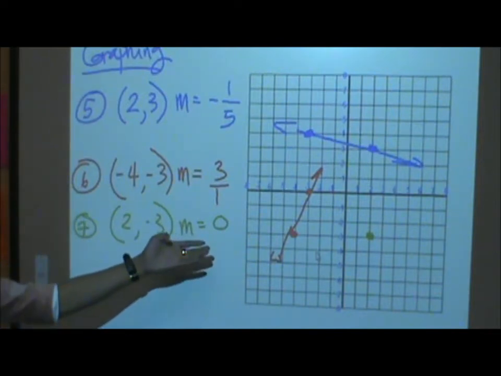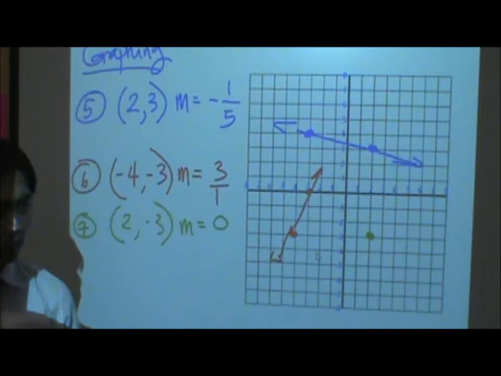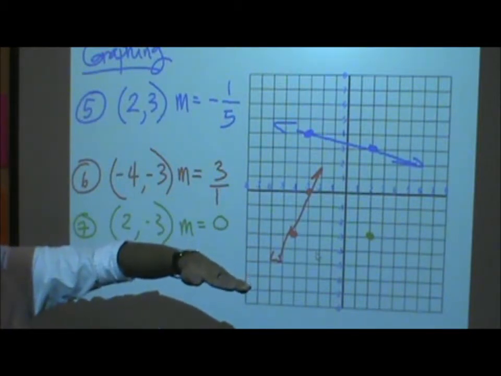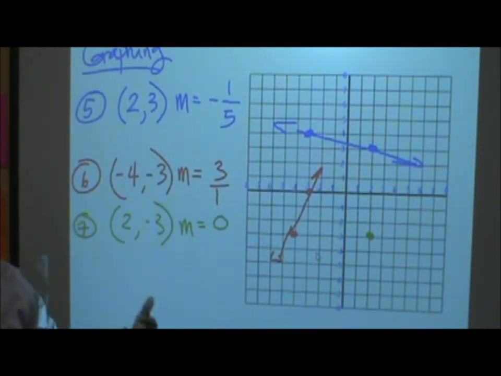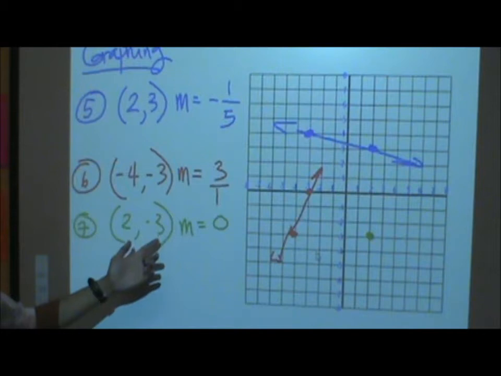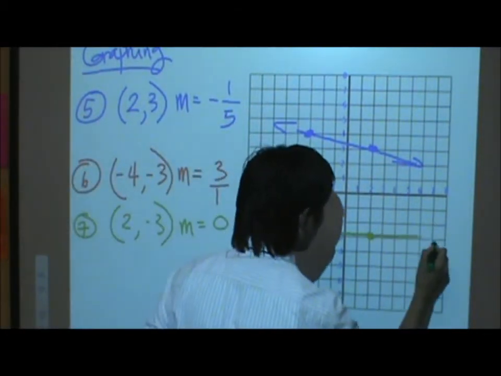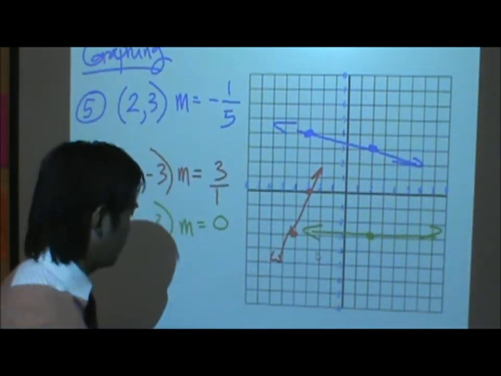And the slope is 0. We learned that if the slope is 0, it should be a horizontal line. So if the question is, graph a line that passes point 2, negative 3 with a slope of 0, you really just have to draw a horizontal line passing that point.